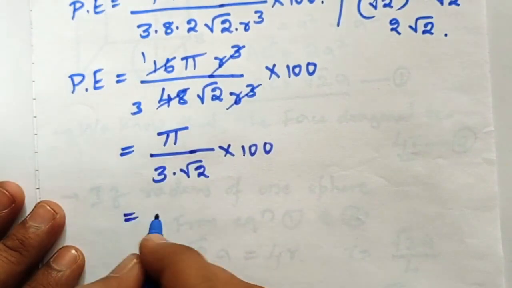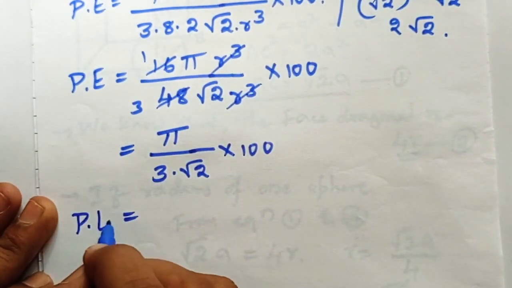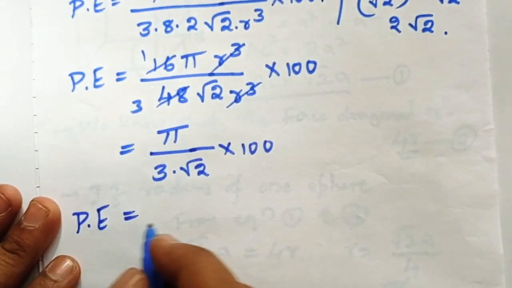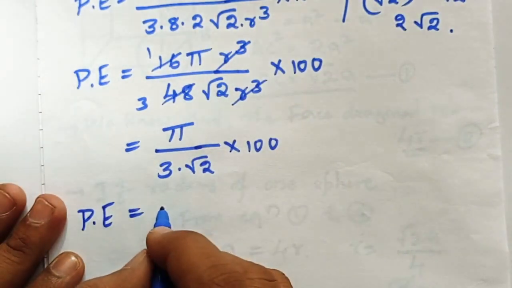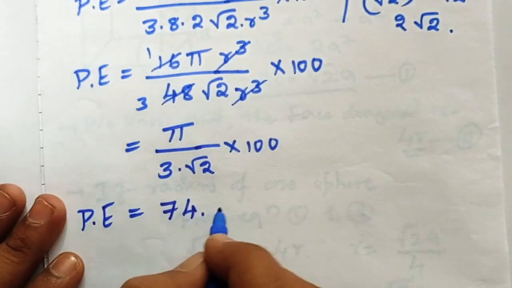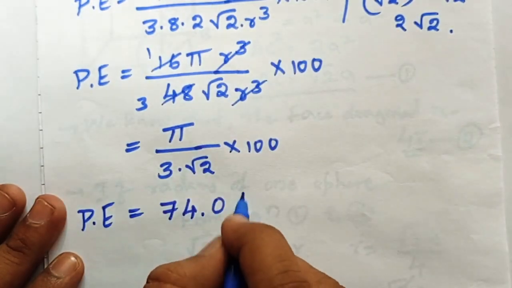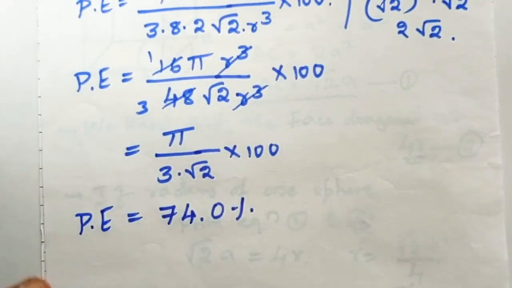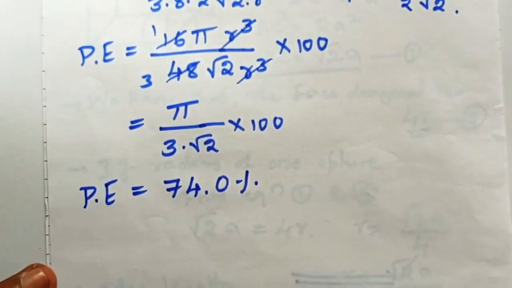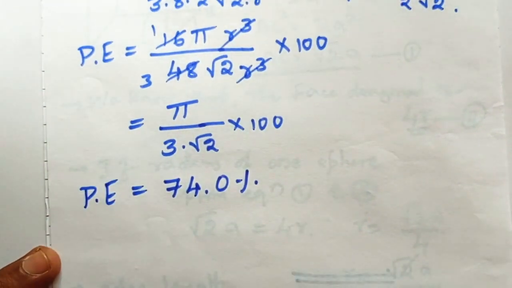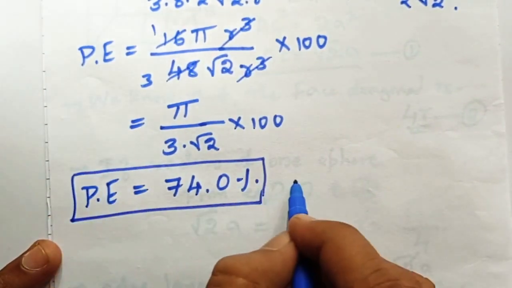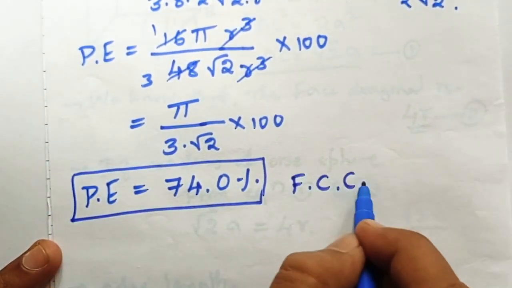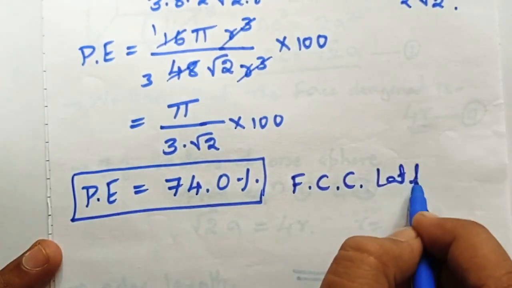So after simplification, the packing efficiency of the face-centered cubic lattice is 74.0 percent. This is the packing efficiency of the face-centered cubic lattice.